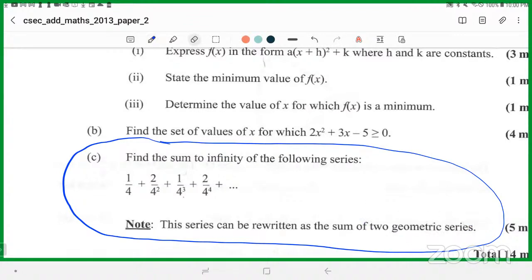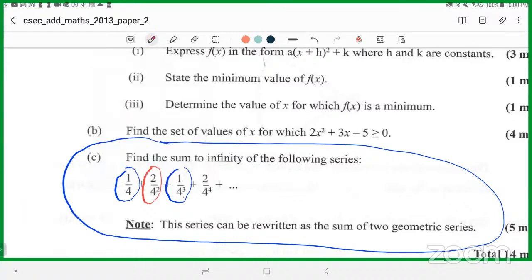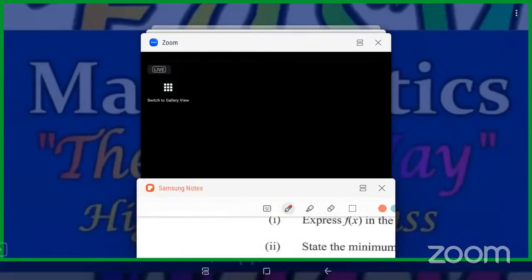So there are 2 series in there. If you look at it, one of the series will be with these values, and the other one will be with these values. So I have to break it out into 2 series and calculate the sum to infinity of each of them. We need to find the A and the R for each of them. Let me bring up the other side of the screen and do it over here.